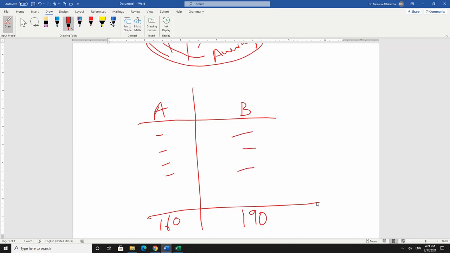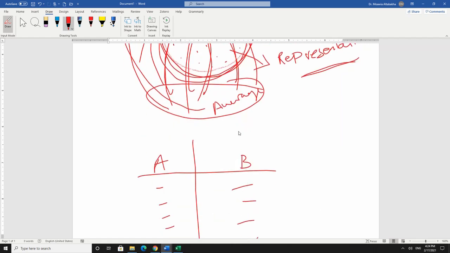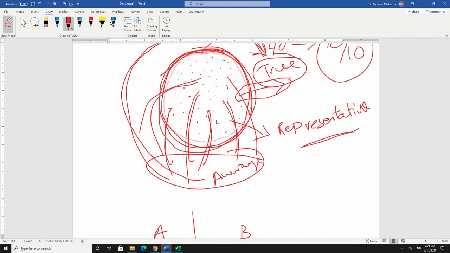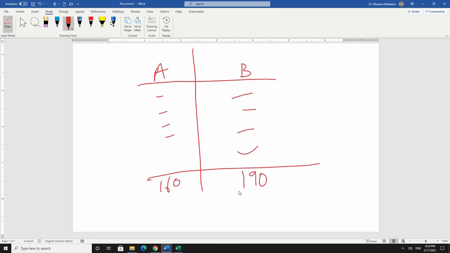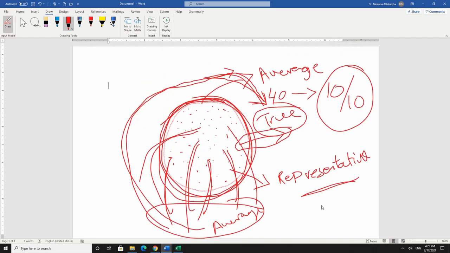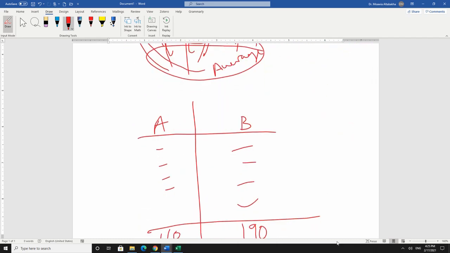Can you say that they are different? You are taking them from the population, and they do not include everyone in the population. So just by looking at these two numbers, I cannot judge. But let me give you another scenario.